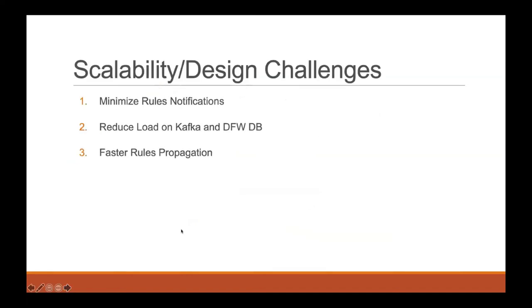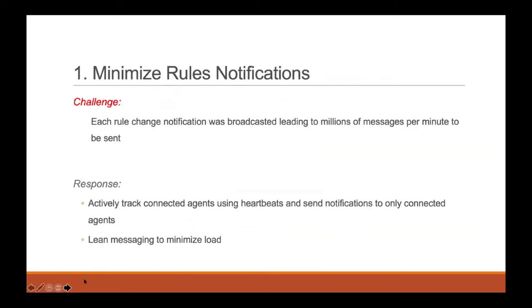Throughout this project, we came across some scaling and design challenges. While this is not an exhaustive list, these are some of the top of mind ones which we want to discuss. So let's go over them one by one. The first one is minimizing rule notification.